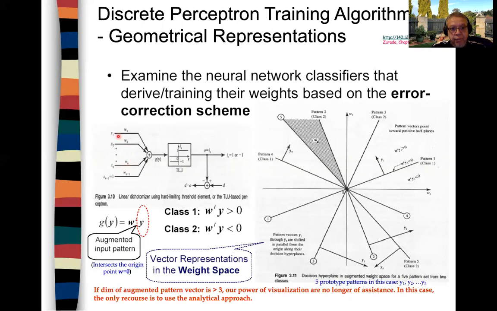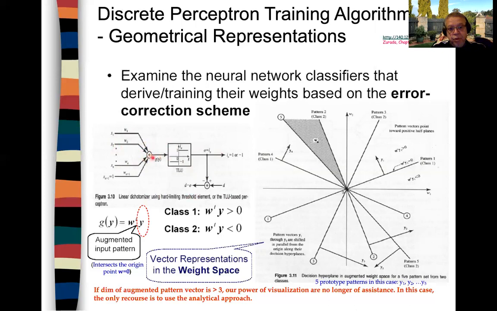And then we're using a perceptron, a TLU called threshold logic unit, where we multiply x1 by w1 plus x2 by w2 plus xn by wn.